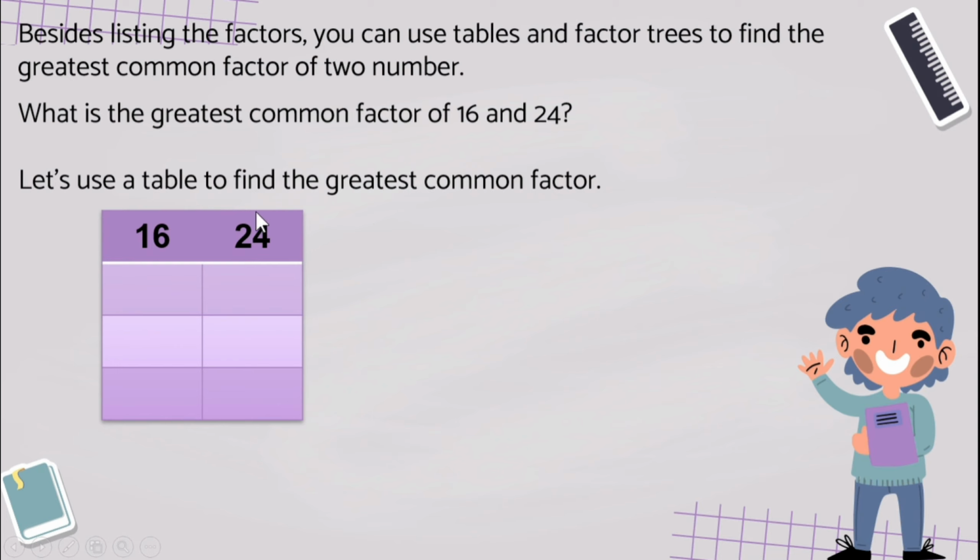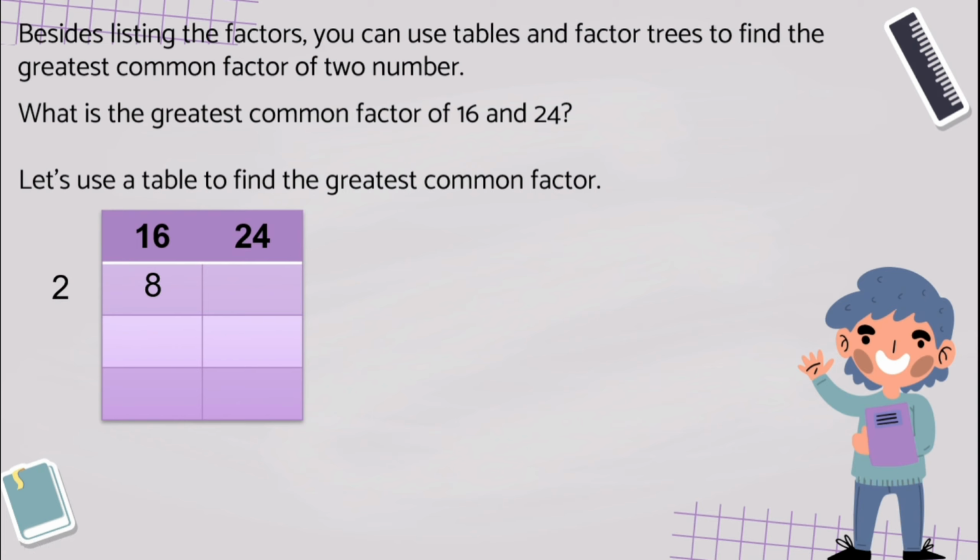16 and 24. What number can divide both 16 and 24? Because these are even numbers, we can choose 4 or 2 as a factor of 16 and 24. So 16 divided by 2 is 8, and then 24 divided by 2 is 12.